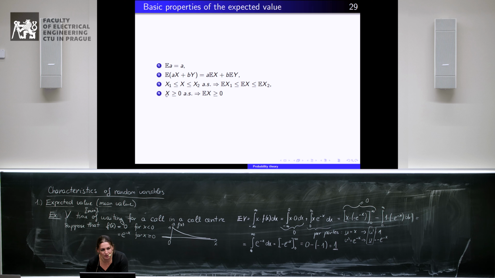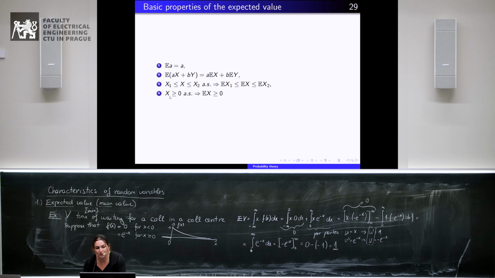Let's keep the third property for later and let's focus on the fourth property. When X is a random variable which is non-negative, for mathematical reasons I write almost surely, but we can forget this almost surely. I explained this term last time, and as I said, it won't be important for us in this lecture.